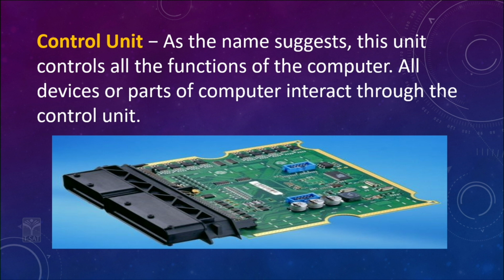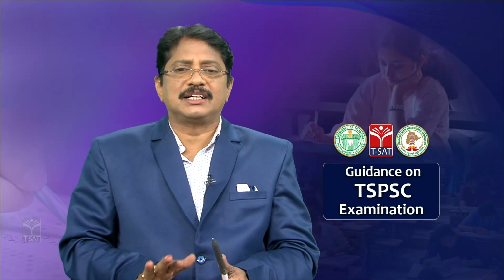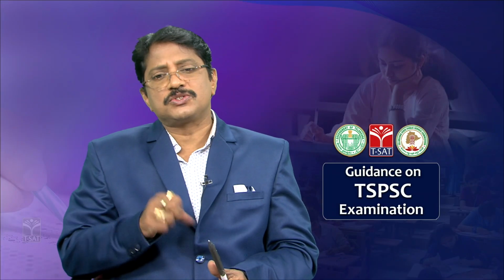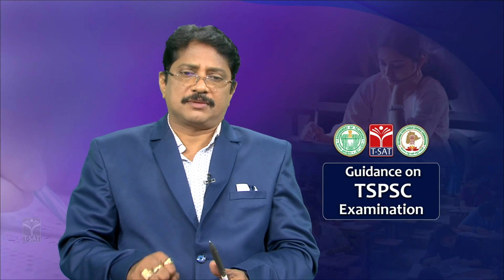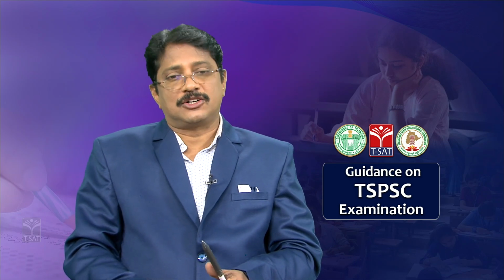All devices or parts of the computer interact through this control unit. See, this is a control unit. Already the printed circuit is there, correct? This one we will call the control unit of a computer. It controls the total operations of the computer, and it controls all the parts of the computer. That's the reason we simply call it a controlling unit or control unit.